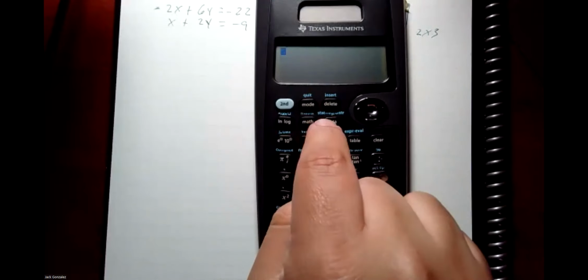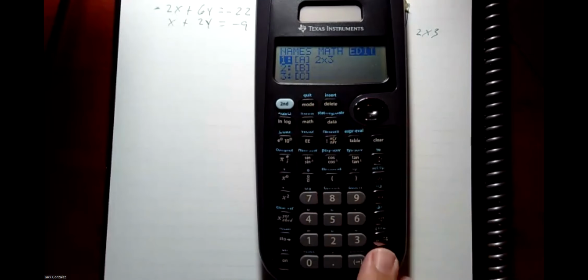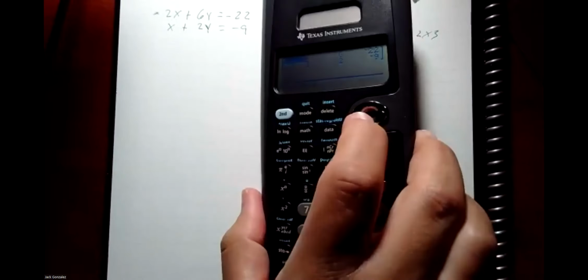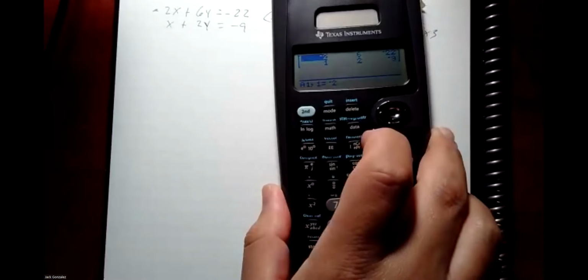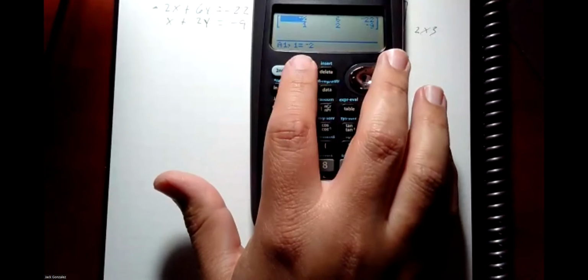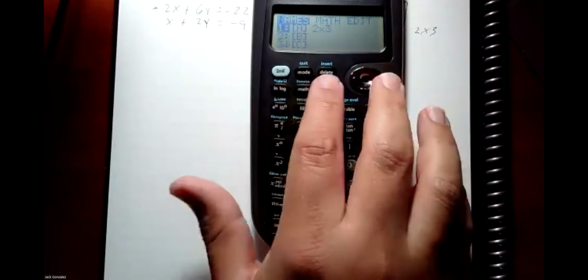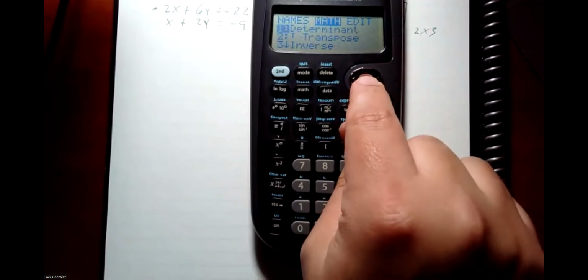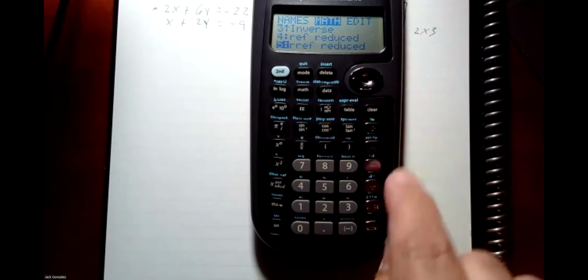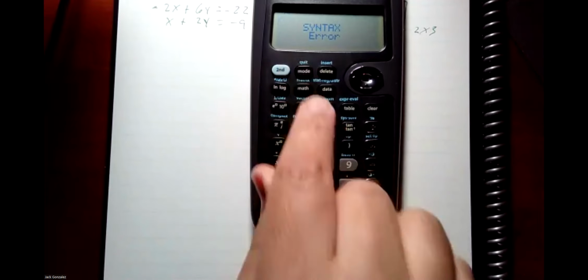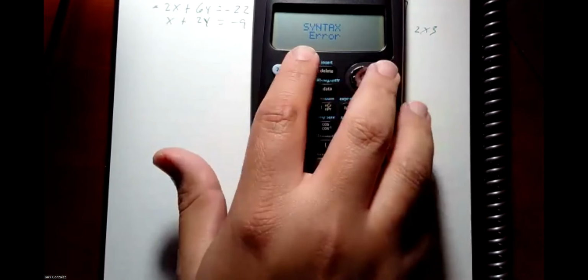Let's go back to the matrix menu. Let me double check. -2, 6, -22, 1, 2, negative. Back all the way down to our RREF.